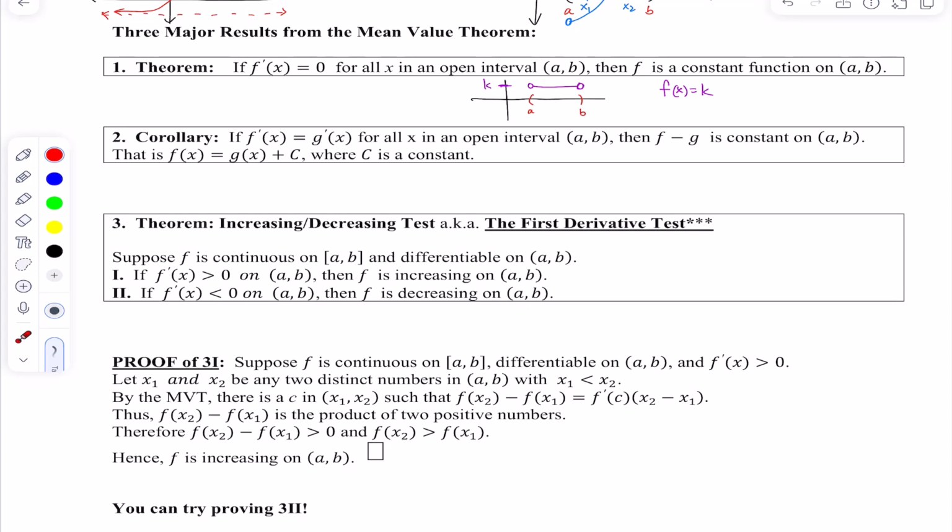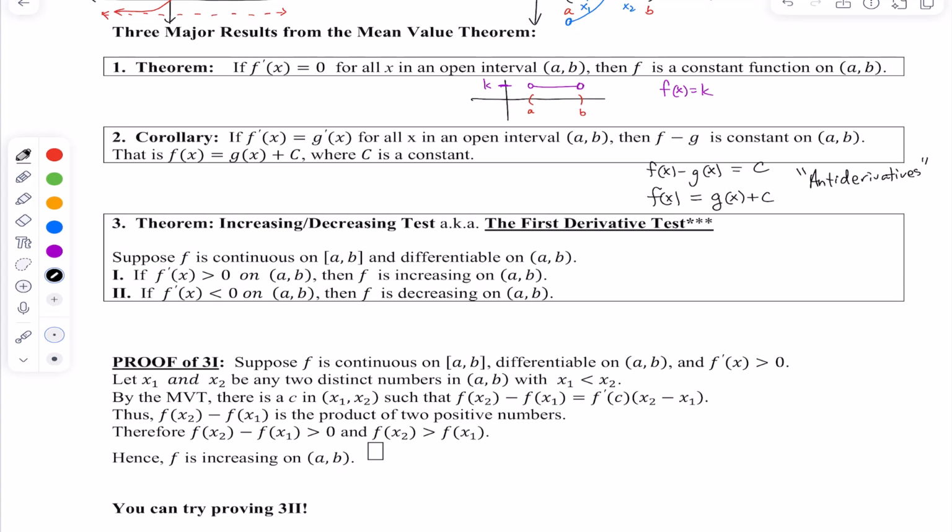And if you look at it that way, if you just said f minus g, if f of x minus g of x is just some constant c, if you add g of x to both sides of this equation, you realize that the two functions only differ by a constant. This is extremely important in the study of antiderivatives. So the mean value theorem is extremely important in the study of integral calculus.